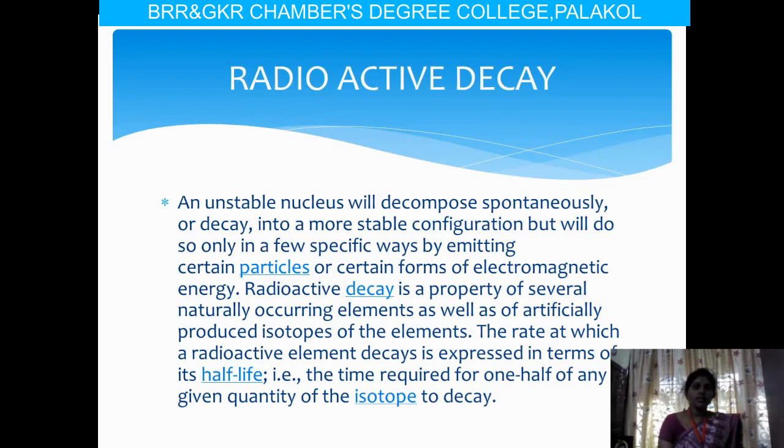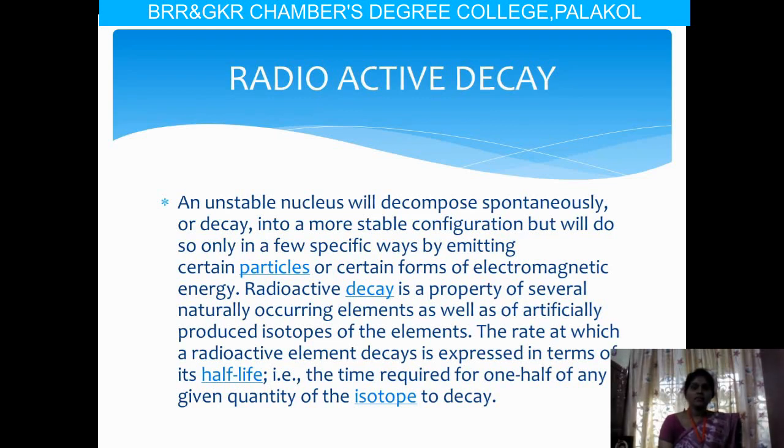If the neutron number is greater than the proton number, or the proton number is greater than the neutron number, then the nucleus tries to stabilize itself by emitting some emission. That emission is called radioactivity, and that decayed particle or emission is called radioactive decay.